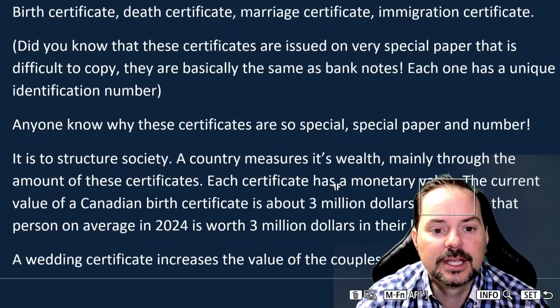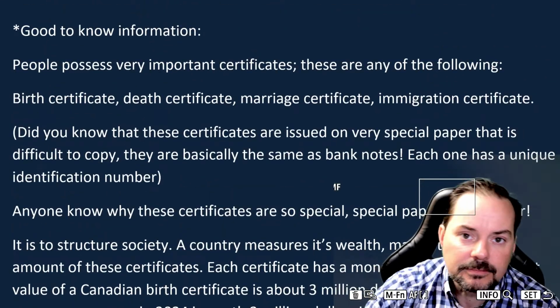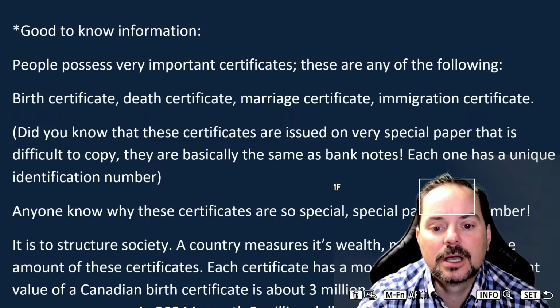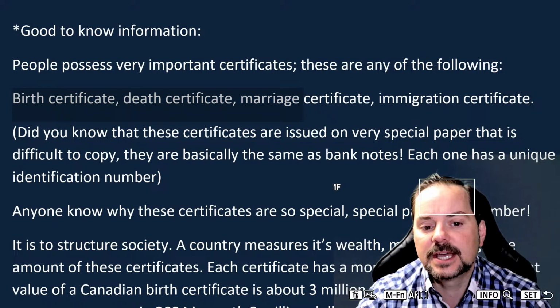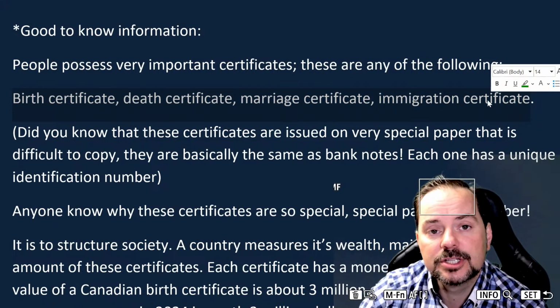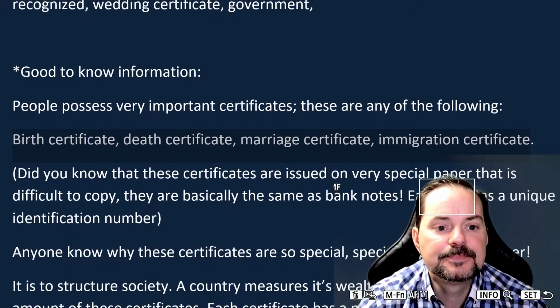So we're not going to get too deep into that. But it is good for people to have some knowledge of this as they navigate through their lives. Birth certificates, death certificates, marriage certificates, immigration certificates all have this in common. Everybody get that?